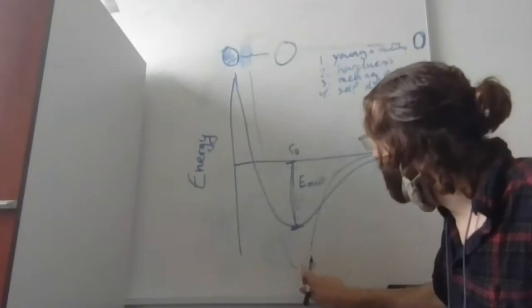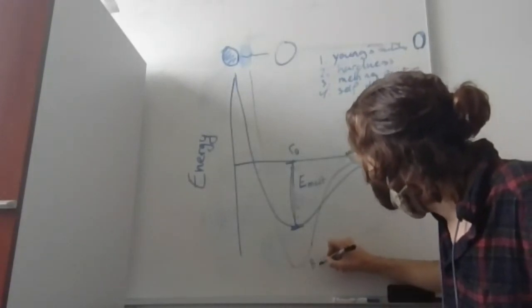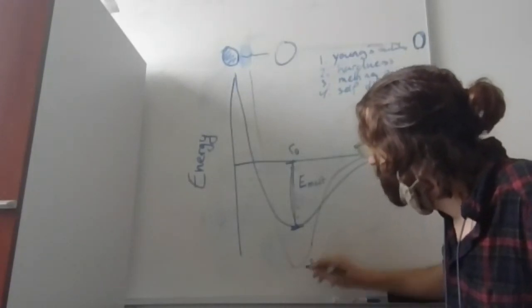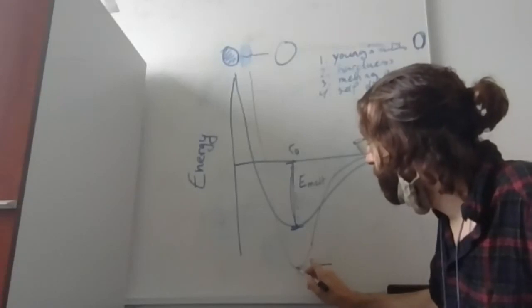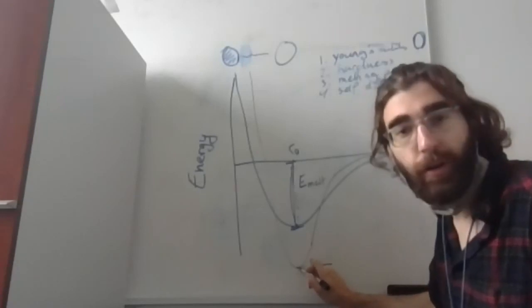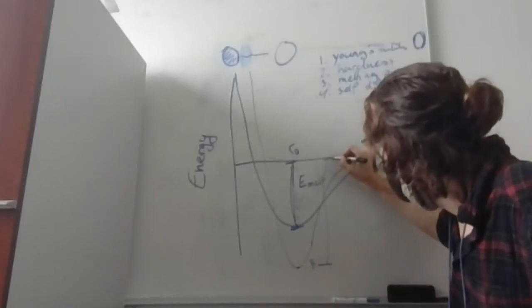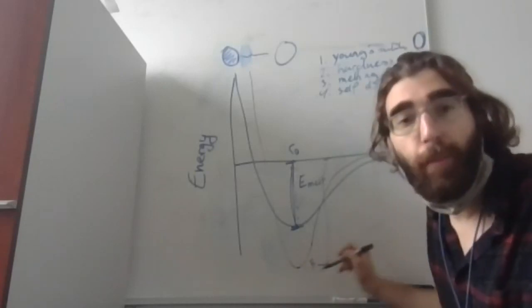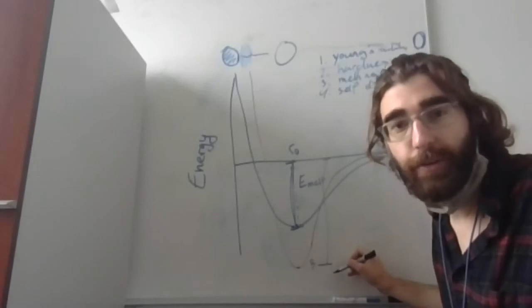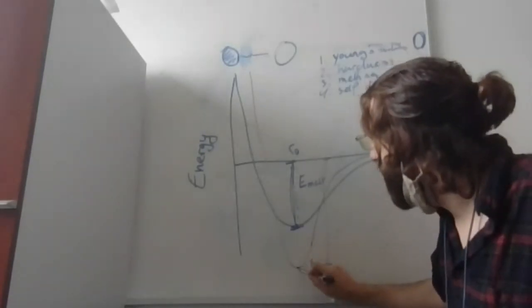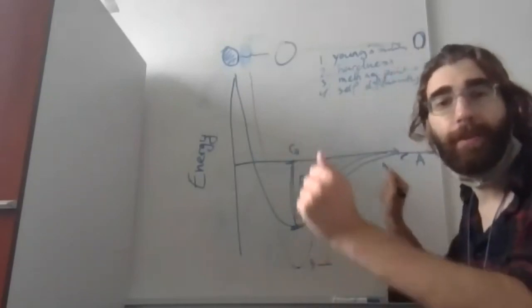But now B has a much lower local minimum here. So now more energy is required to bring the atoms away from each other and break the bonds.